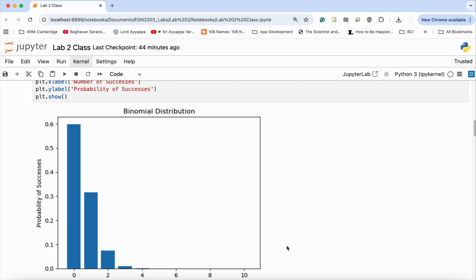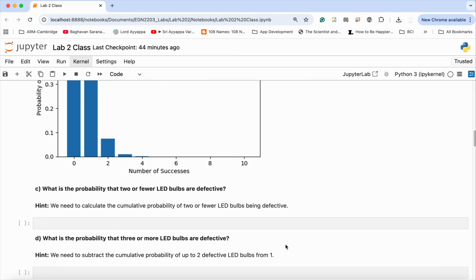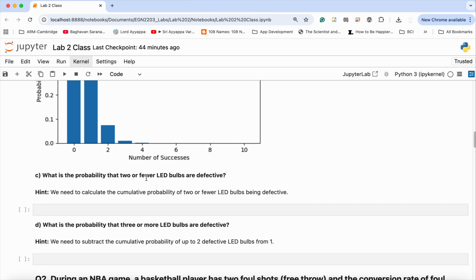Now if you look at question C, they are asking what is the probability that 2 or fewer LED bulbs are defective. 2 or fewer means it could be k equals 0, k equals 1, k equals 2. Yes, you can use the PMF function in 3 different instances and add them up.